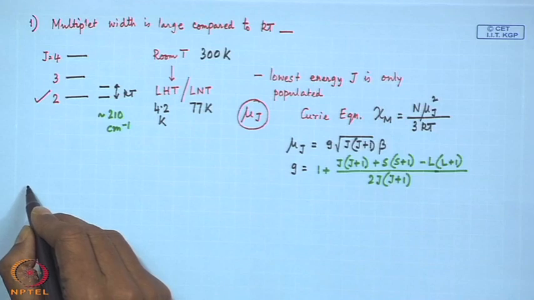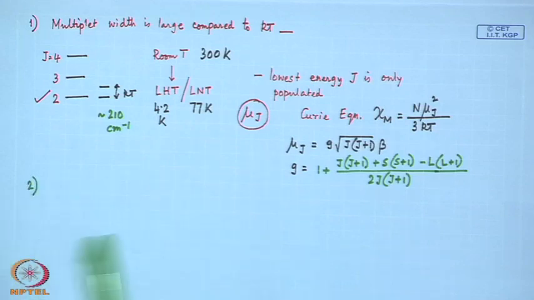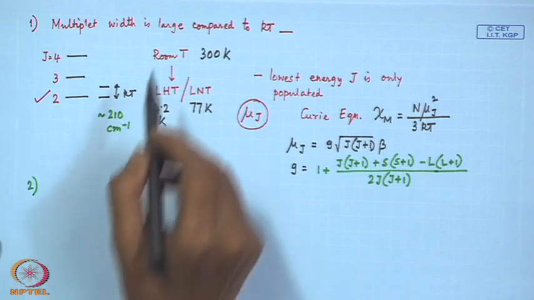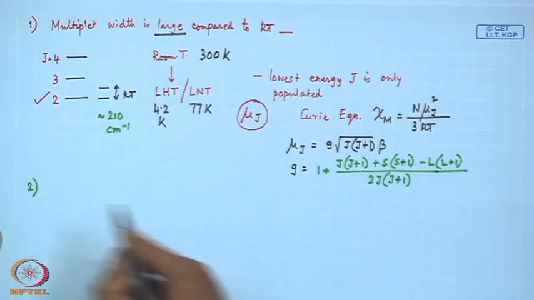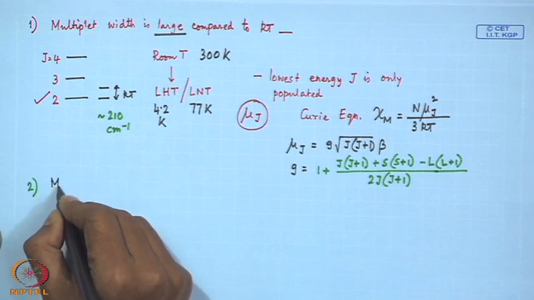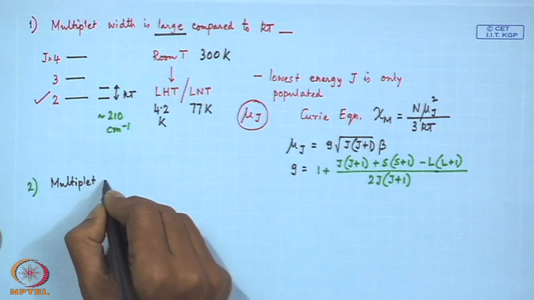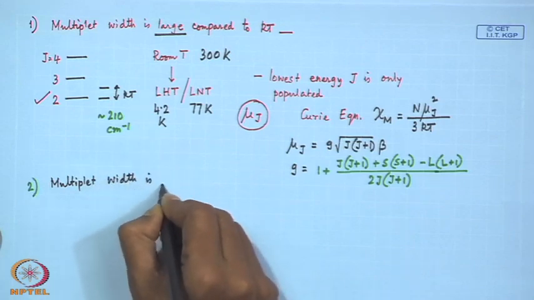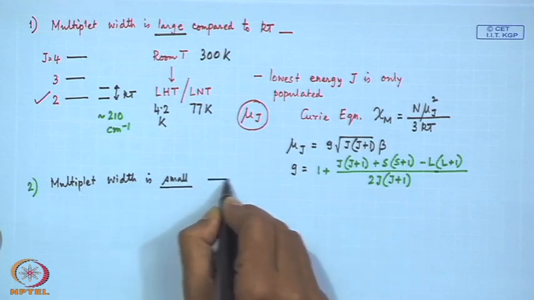So, the second case, which is the opposite of this particular situation, where the multiplet width is small compared to kT.